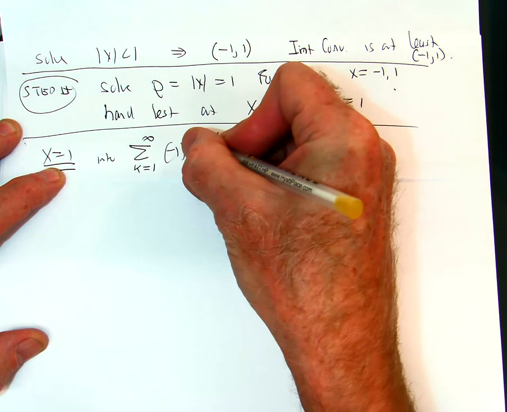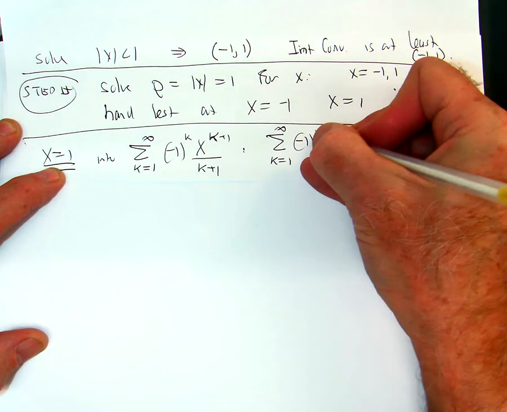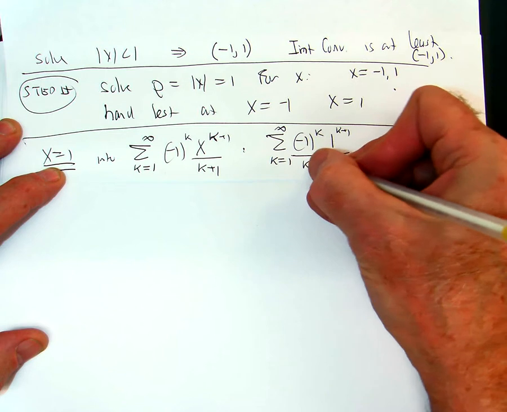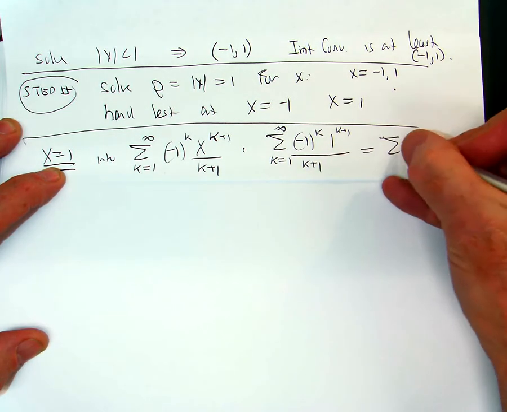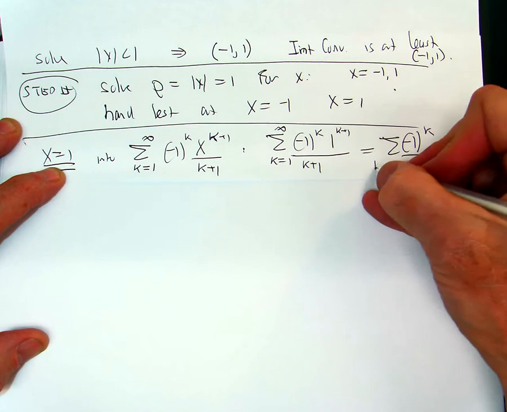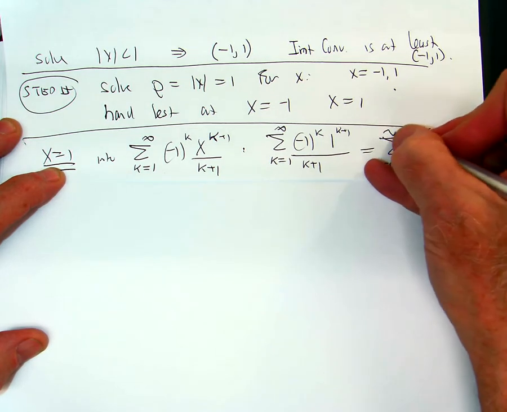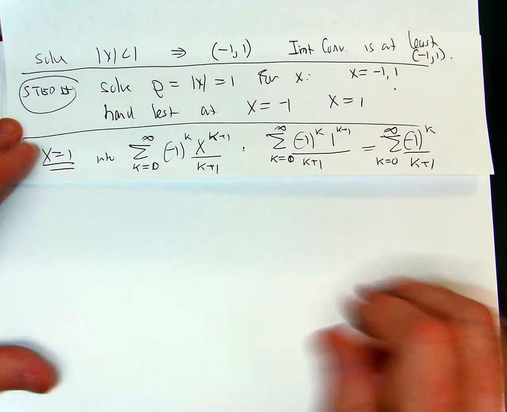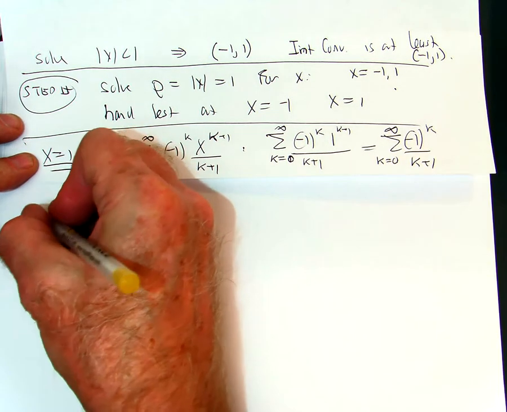Oops, I forgot the k there. Minus 1 to the k, 1 to the k plus 1, over k plus 1, equals the alternating series, minus 1 to the k over k plus 1. Sorry, these should have been k is equal to 0 and k is equal to 0. Whew, sorry. And this is an alternating series.